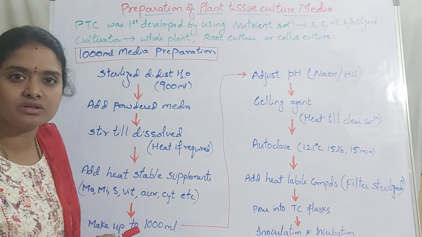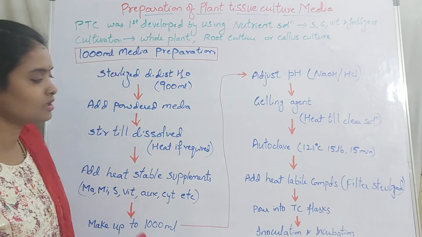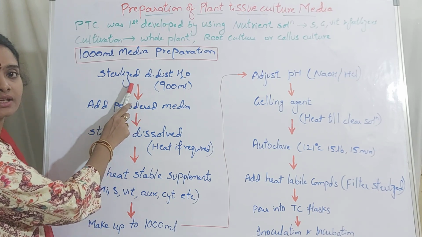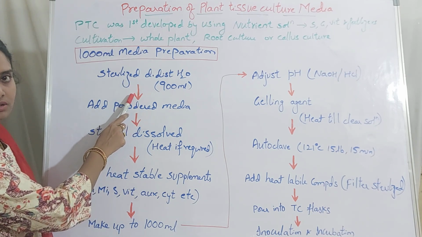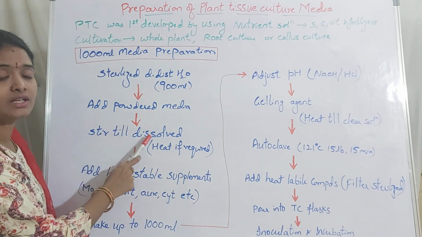All the compounds mentioned, the macro elements, micro elements, everything, must be powdered and added to this sterilized double distilled water. To that 900 ml, you stir till it is dissolved.